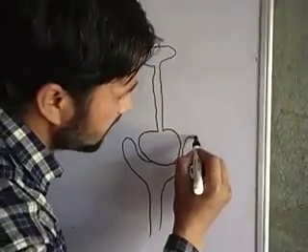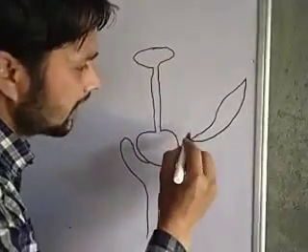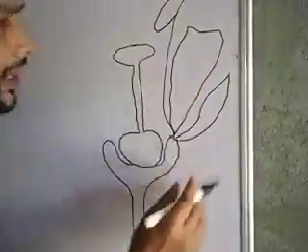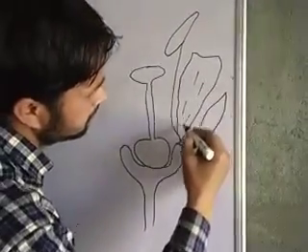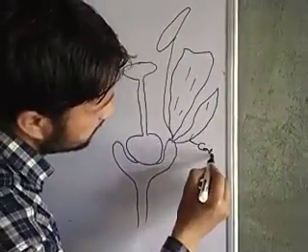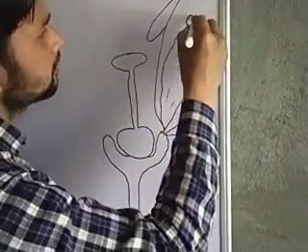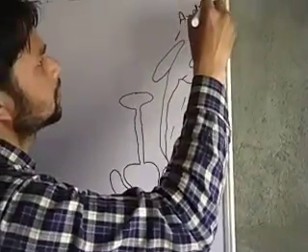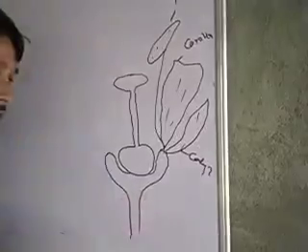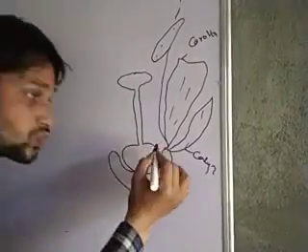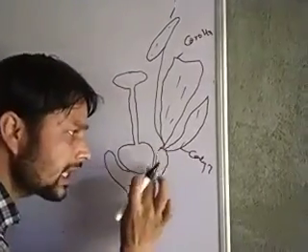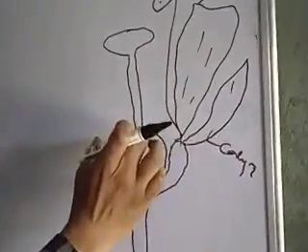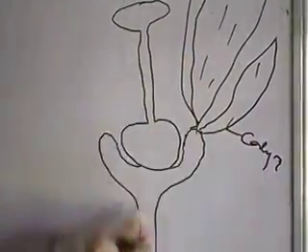When floral appendages like calyx, corolla, and androecium arise from the rim of the thalamus, this is called perigynous type of ovary.